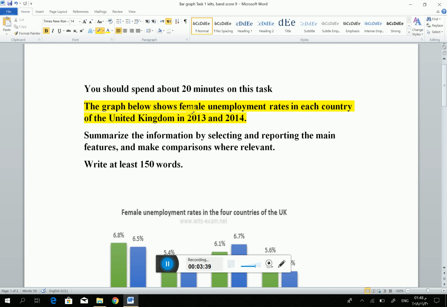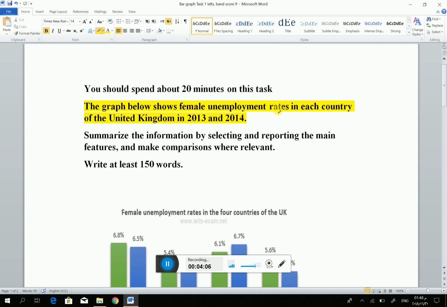And here you have female unemployment. Instead of the word unemployment, you can use joblessness, but I think unemployment is more academic than the word joblessness, so you will keep the word unemployment as it is. But instead of the word female, you can use a similar word, which is women.